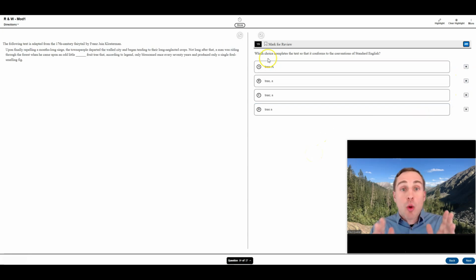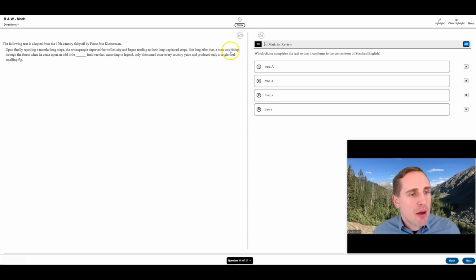Okay, we'll move on. Question 19, which choice completes the text so it conforms to the conventions of standard English? So something to do with tree and then the letter A. And this is adapted from somebody I don't recognize, a 17th century fairy tale. Upon finally repelling a months-long siege, the townspeople departed the walled city and began tending to their long-neglected crops.